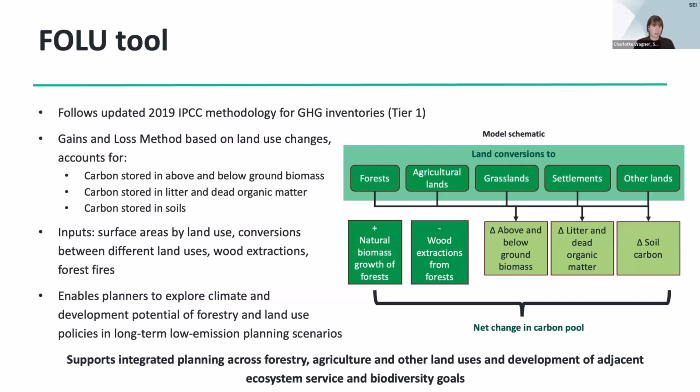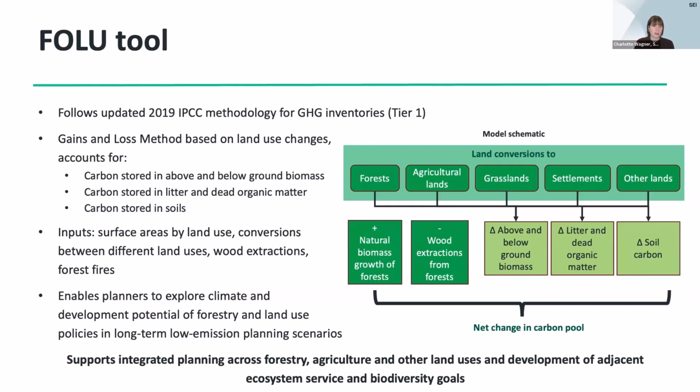And it accounts for carbon emissions and capture based on land use changes from a variety of different processes, including carbon stored in above and below ground biomass, carbon stored in litter and dead organic matter, as well as carbon stored in soils. And it does this for all of the key IPCC land use categories. You can see them here on the right in this model schematic, which include forests, agricultural lands, grasslands, settlements, as well as other lands.